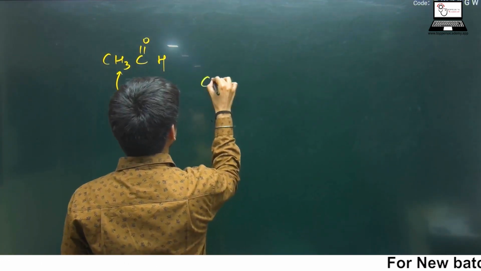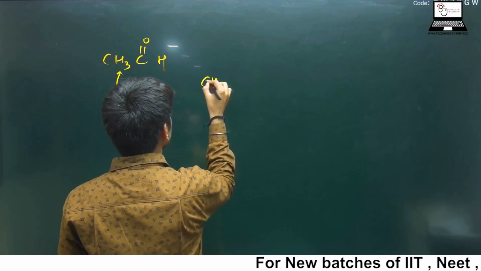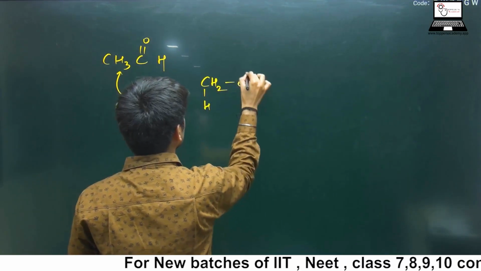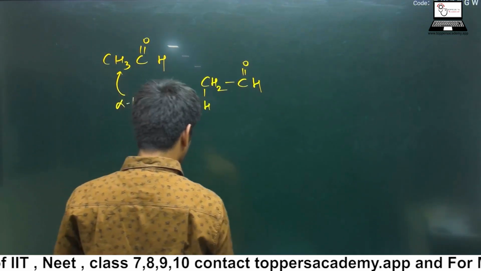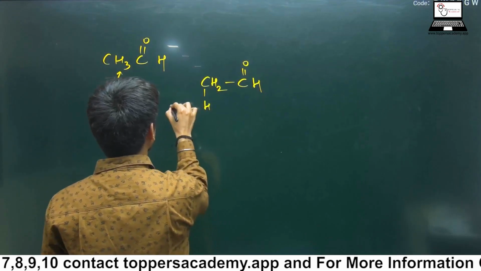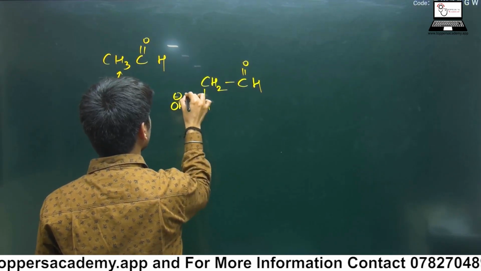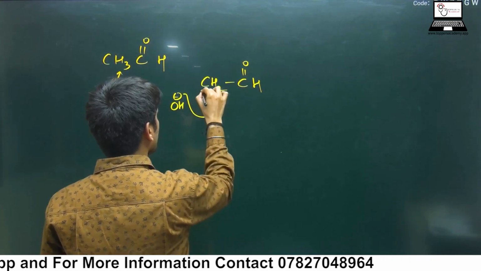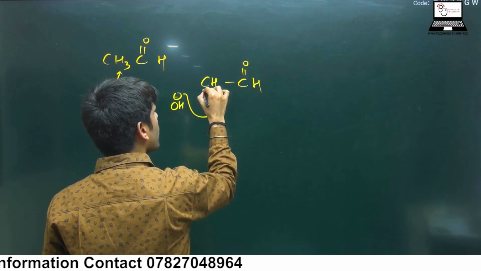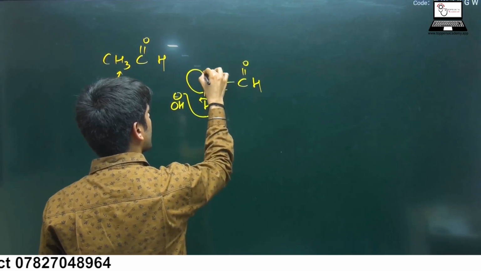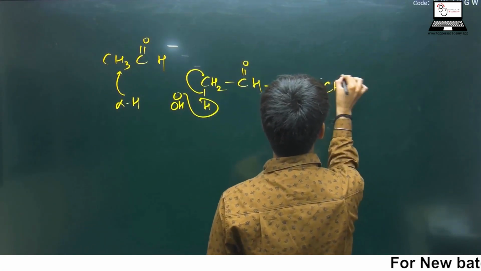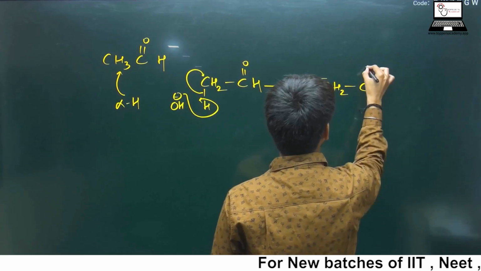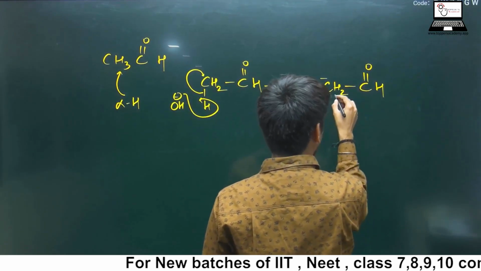So this is my alpha hydrogen. What I do is I have a base. So what happens? This base will abstract this H, right? And the electron pair of this bond goes to this carbon. So what do I have? I have CH2 minus, C double bond H. This is your carbonyl.